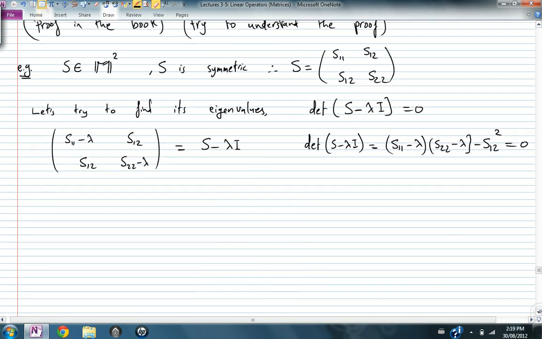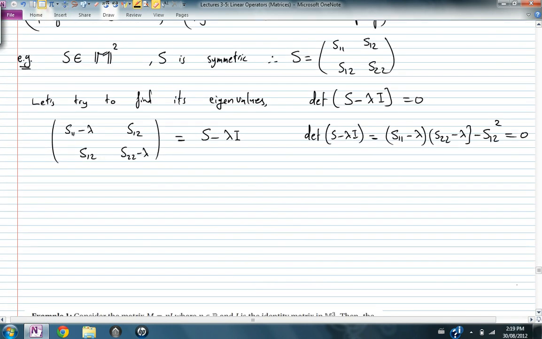If you rearrange, you will get S11 S22 minus lambda times S11 plus S22 plus lambda squared minus S12 squared equals 0.